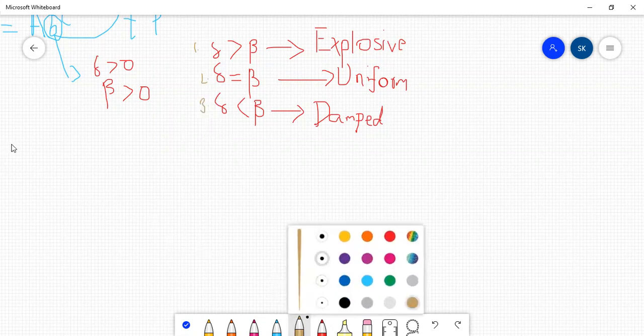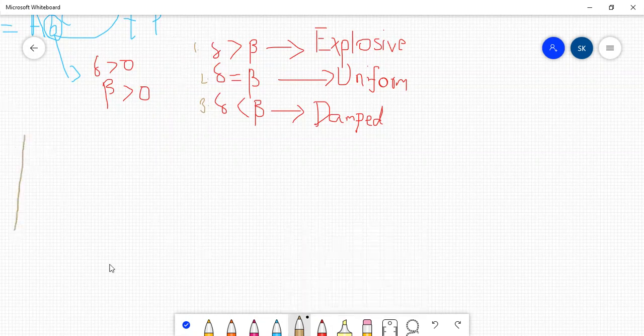Let me increase its size. Now we will draw the explosive diagram first. In the explosive diagram, again, we have this vertical axis and the horizontal axis, clear? Now we have the demand curve and the supply curve.